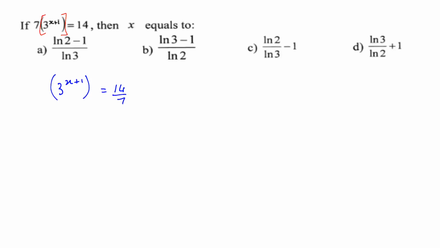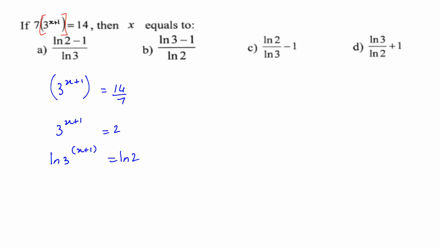It's a multiply, it will be a divide. 3 to the power of x plus 1 is equal to 2. Whenever you have an x in the power and you don't have an ln or an e, you have to introduce ln. So we'll write ln on both sides. ln 3 to the power of x plus 1 is equal to ln 2.